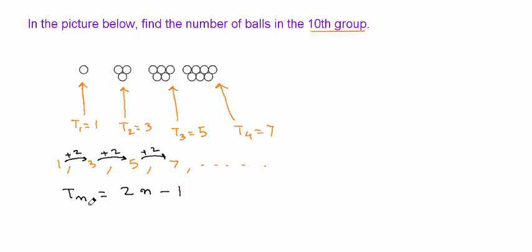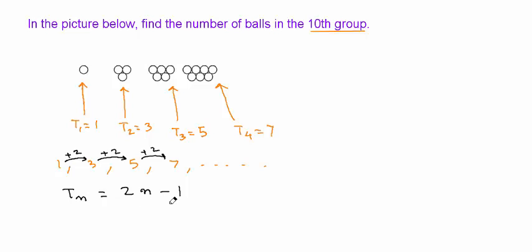When n is 2, we have 2 times 2, that's 4, minus 1, which is 3. When n is 3, 2 times 3 is 6, 6 minus 1 is 5. When n is 4, we have 2 times 4, that's 8, minus 1, that's 7.